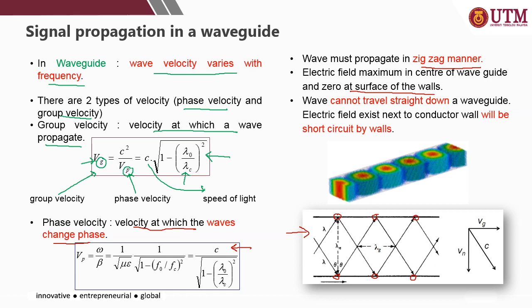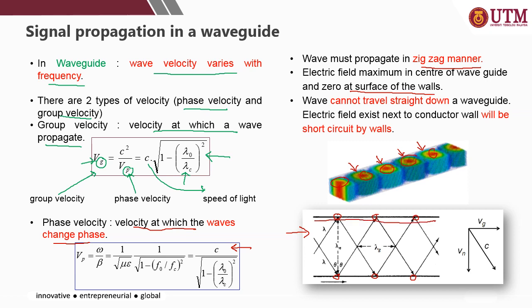Okay, from the electric field distribution, or the wave distribution, we can see that the red color indicates the maximum field, while the blue represents the minimum, the least field, which exists closest to the wall.